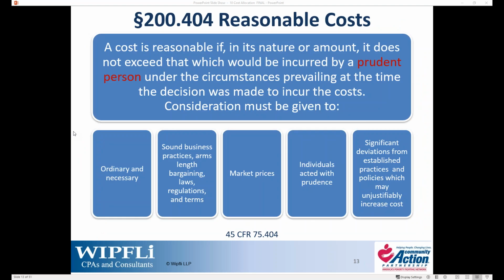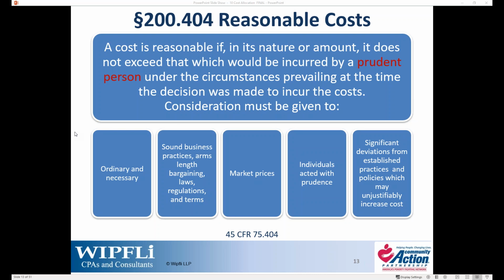Now, reasonable. A cost is reasonable if in its nature or amount it does not exceed that which would be incurred by a prudent person under the circumstances prevailing at the time the decision was made to incur the cost. So things that we have to keep in mind: is it, again, ordinary and necessary?